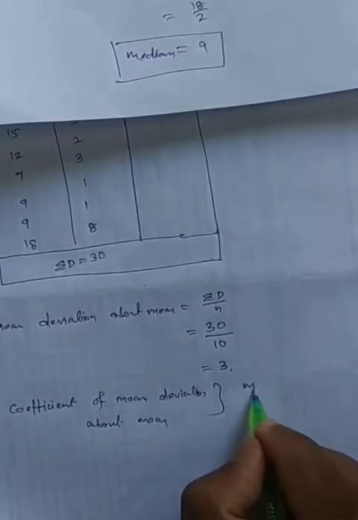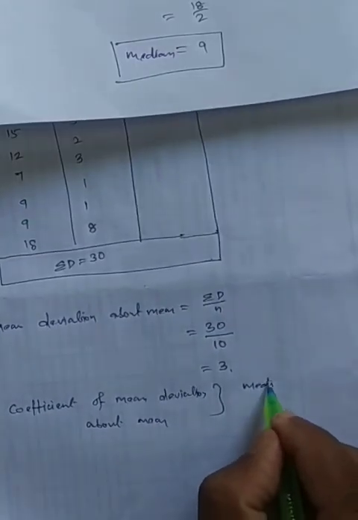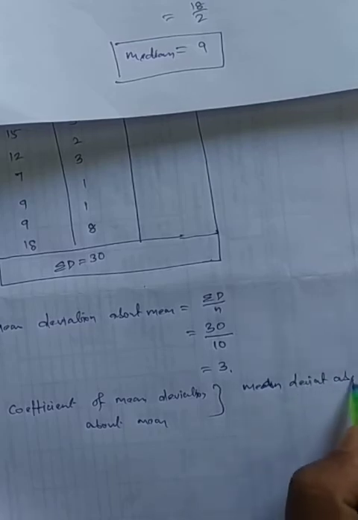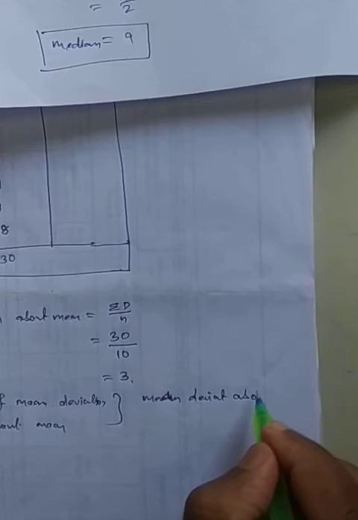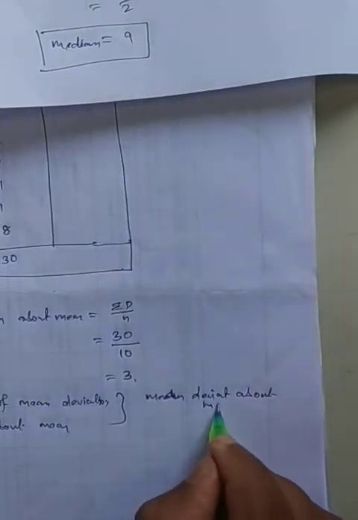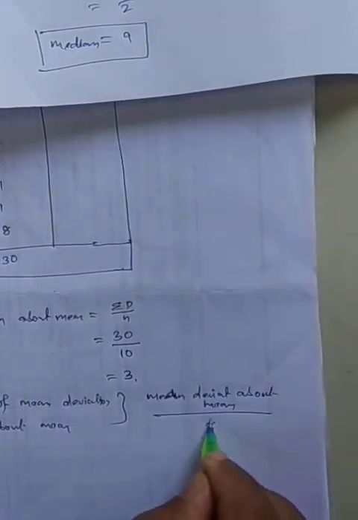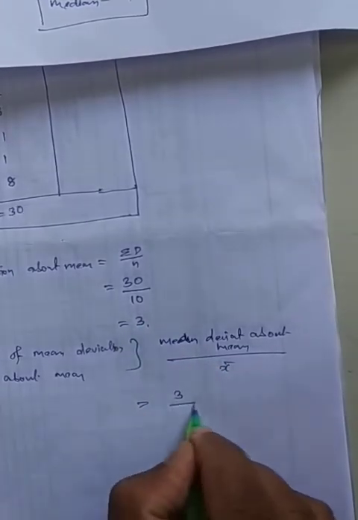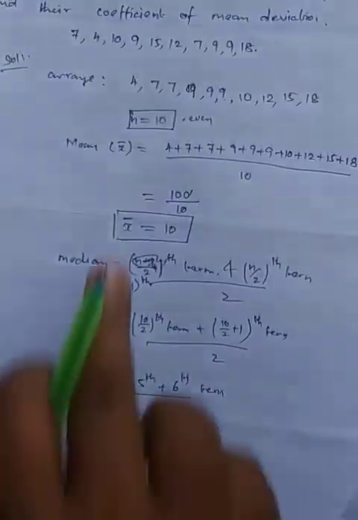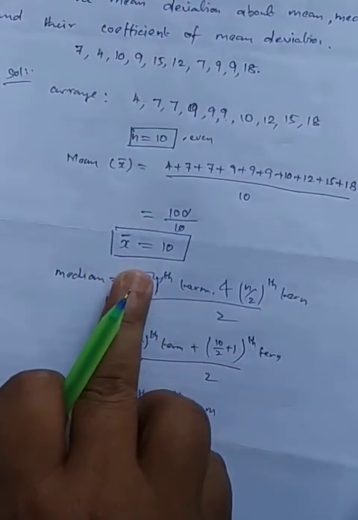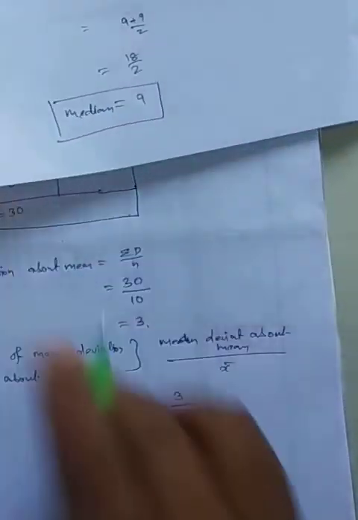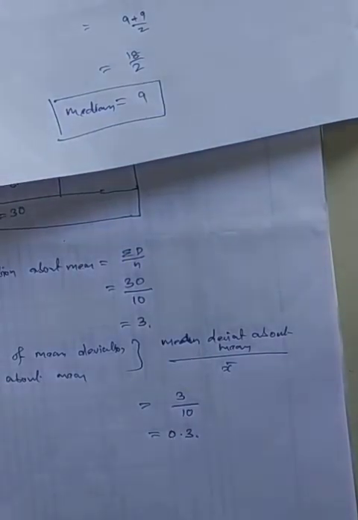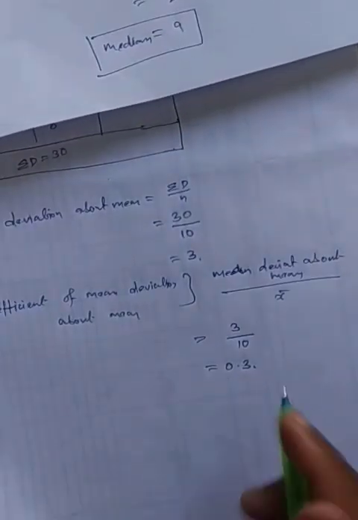Mean deviation about mean divided by x bar. Here mean deviation about mean is 3. So 3 divided by x bar. X bar is 10. So we divide that value by 10, and we are getting 0.3. That is the mean deviation coefficient.